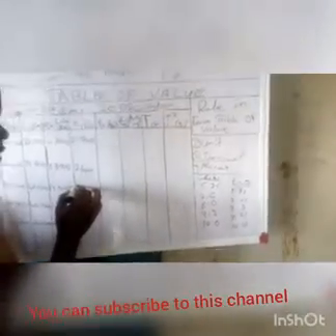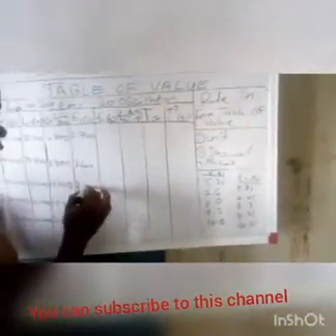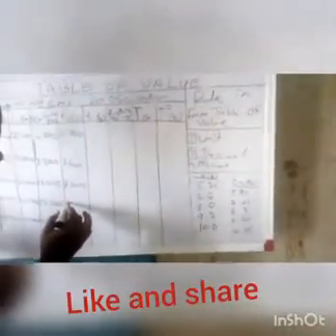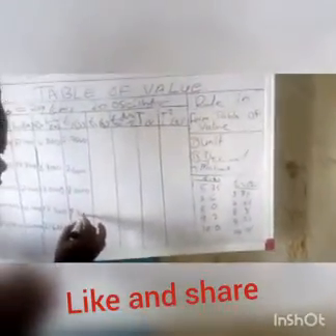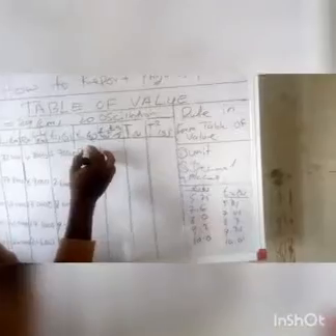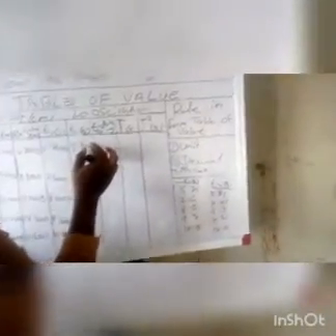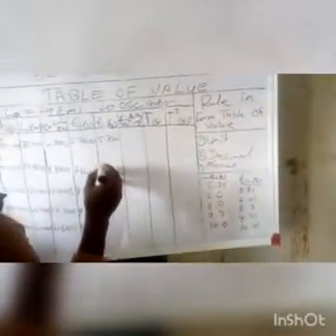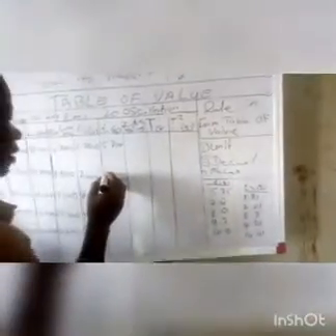For serial number 3, 8.0000. For serial number 4, 9.2000. For serial number 5, 10.0000. Now for T2, serial number 1, 5.8100. Then for serial number 2, we have 7.010.